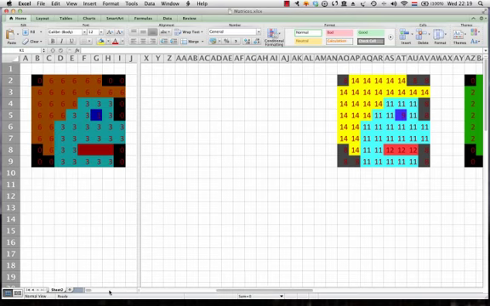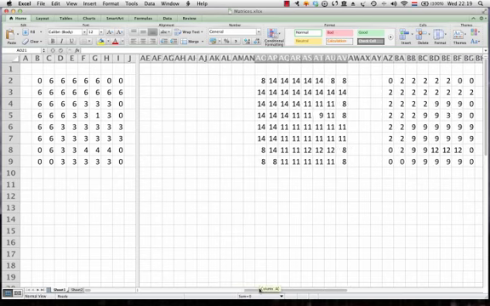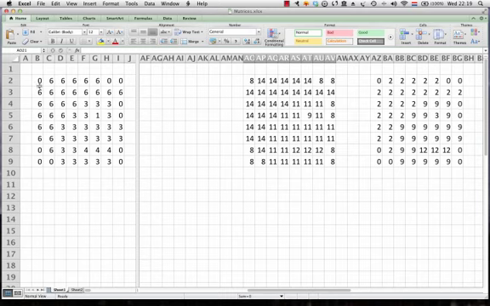Or another thing we could do was multiply each element of this matrix with a number. For instance, the number 3. Now, 0 times 3 stays 0.